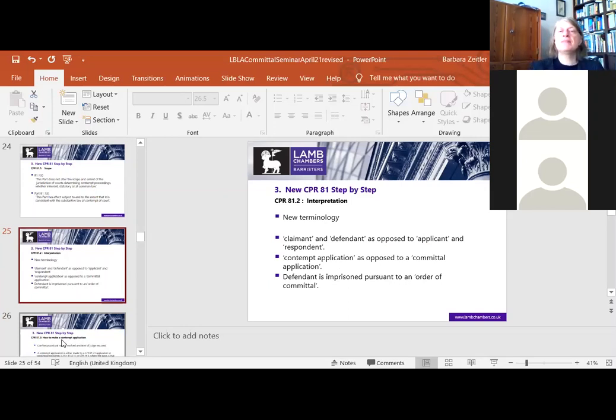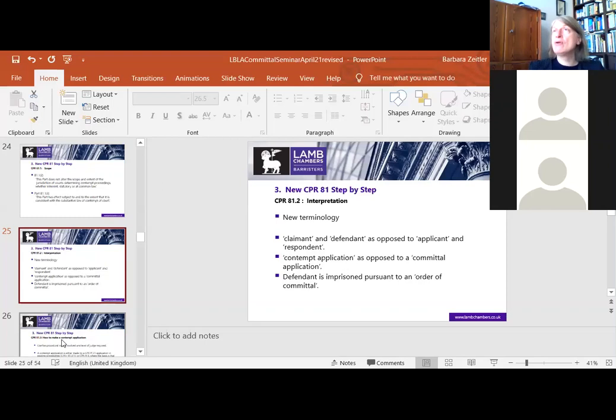And then 81.2 is the interpretation, and it's in that part of Rule 81 that the new terminology is introduced. Elizabeth has already highlighted as an example the change from applicant and respondent to claimant and defendant.